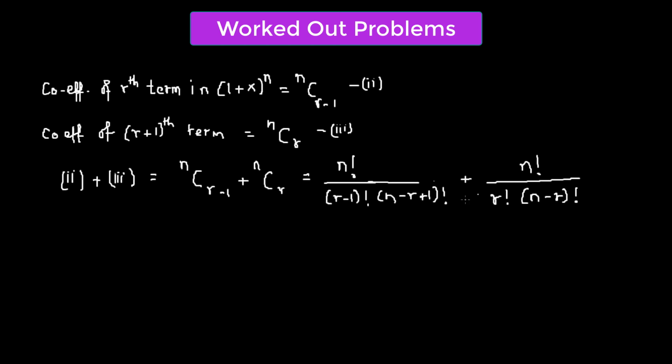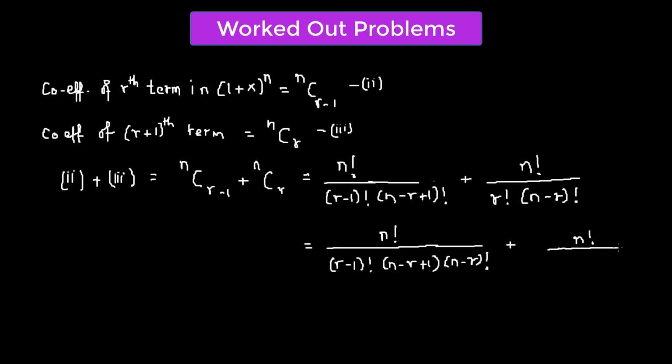Now what we can do here is n factorial will stay as it is divided by (r minus 1) factorial. Now this (n minus r plus 1) factorial can be written as (n minus r plus 1) times (n minus r) factorial, plus n factorial over r factorial. We can expand it and write it as r times (r minus 1) factorial times (n minus r) factorial.